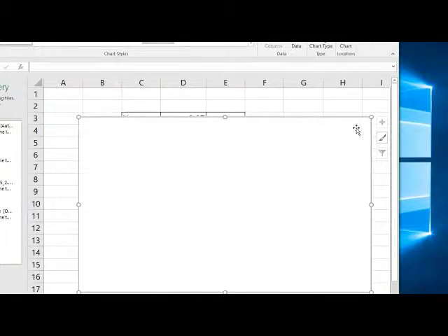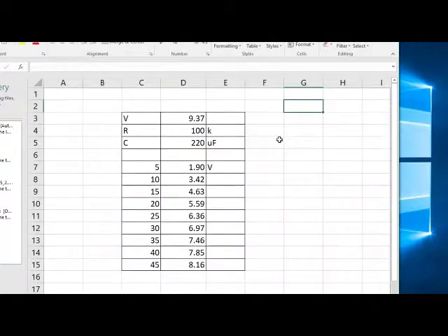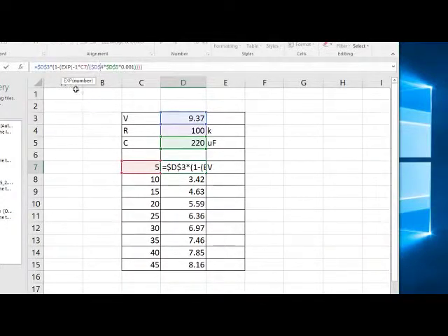In this Excel sheet, I have tried to put everything. The voltage value is 9.37. We have a 100k resistor and a 220 microfarad capacitor, and I'm trying to calculate the value of the voltage at t equal to 5 seconds, 10 seconds, 15 seconds, and so on.